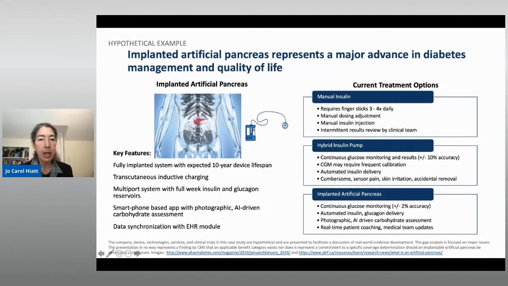The insulin and glucagon reservoirs are accessible with a weekly refill option or as needed. The device knows when it's running low or is not in need of an additional supplement of medication, so that can be customized to whatever is needed.